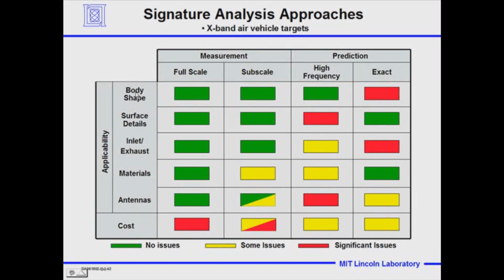And how good are they at calculating the body cross-section, the surface details, and taking care of other issues, and what do they cost, you know what I mean? Okay, well, full-scale measurements give you what you want, but they can be very costly. Enough said.